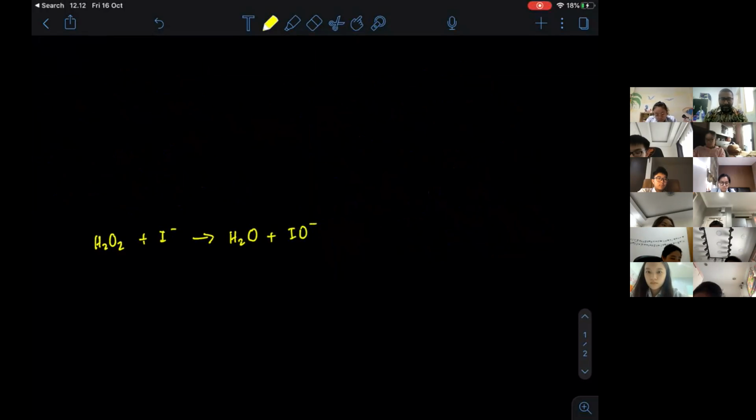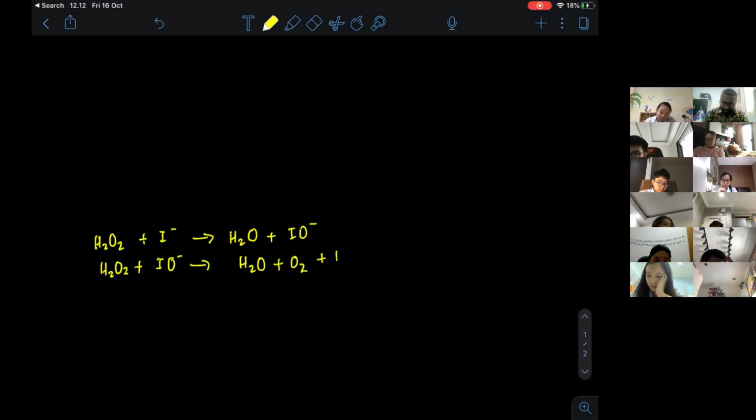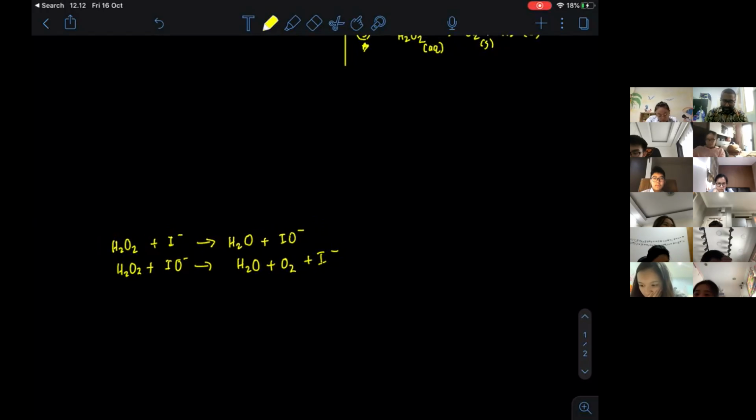And then the next H2O2 will react with the IO minus to give you H2O plus O2 plus I minus. So this is what you are going to get: step 1 and step 2. All of them are aqueous. You can put that in yourself.